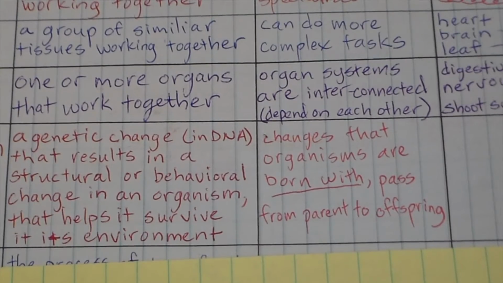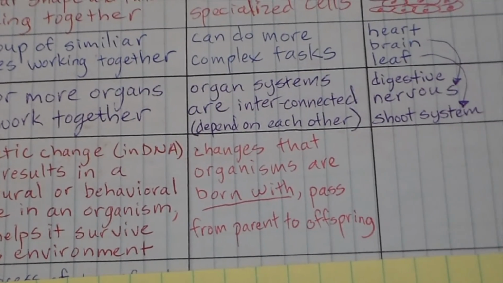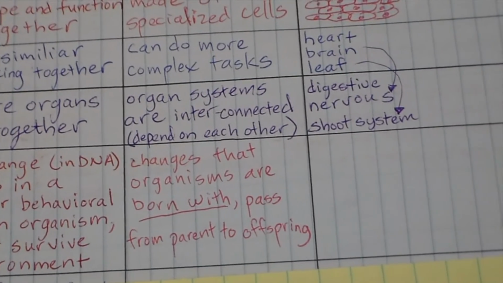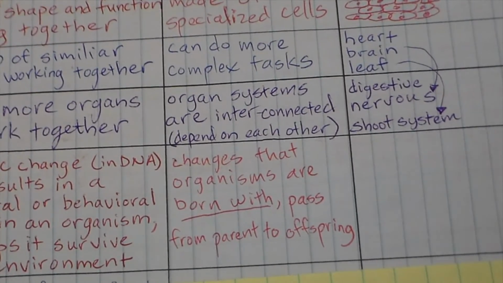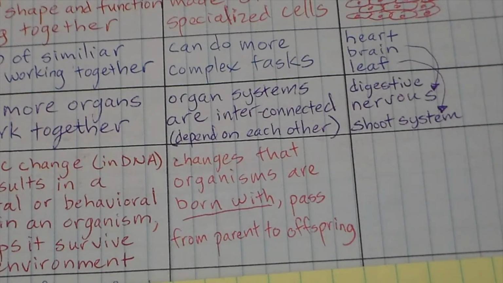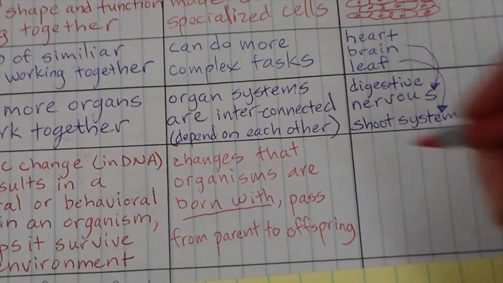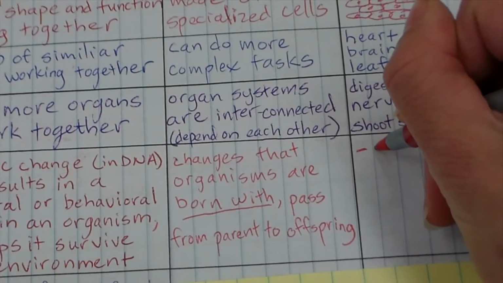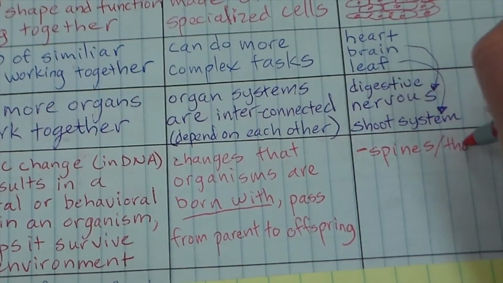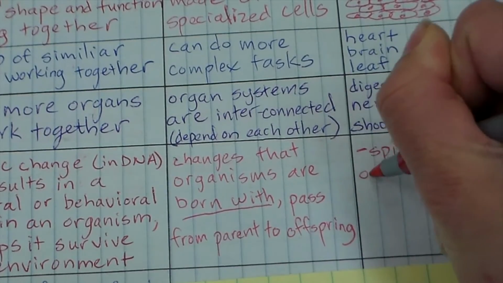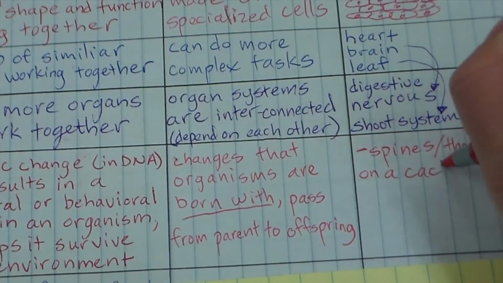And then in the example box here, I'm going to write a couple of examples of adaptations that organisms have. So an adaptation that we see in many types of plants is we can see spines or thorns on a cactus, right?